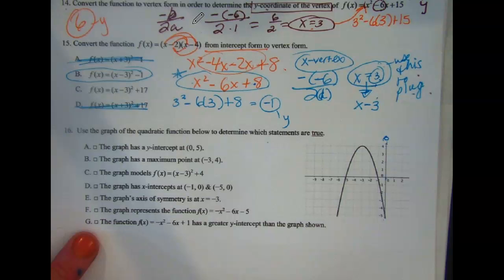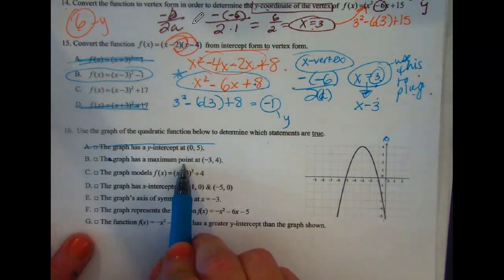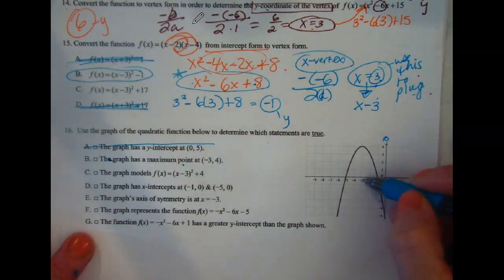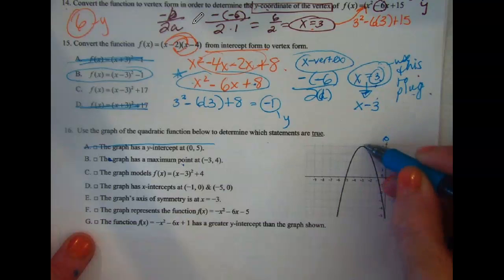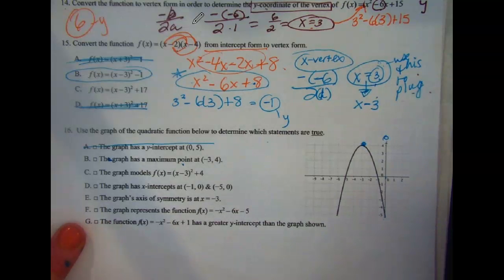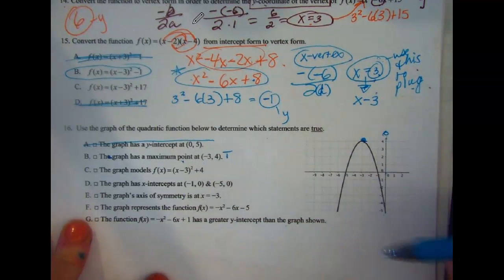It actually is off the graph, so that's a no. The graph has a maximum point, that's the tallest point, remember, of -3, 4. So this one is actually true. That's the biggest it can get.